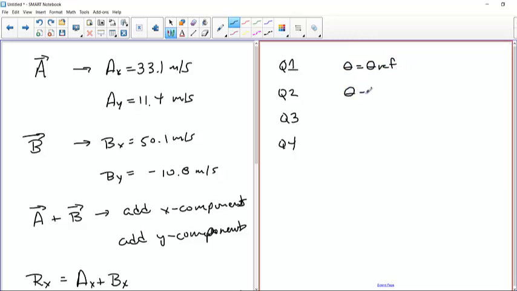In the second quadrant, the angle is equal to 180 minus the reference angle. I'm doing this in degrees. Third quadrant is 180 plus the reference angle. And in the fourth quadrant, it's 360 minus the reference angle. So those are the formulas depending upon which quadrant you're in.